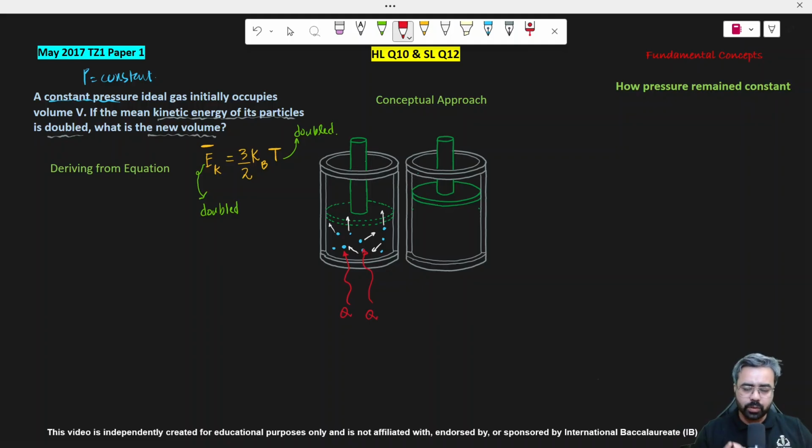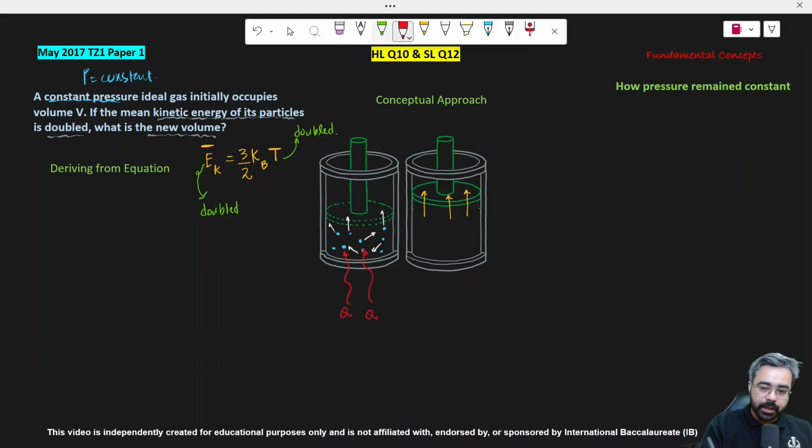So when the speed has increased, these particles have exerted more force on the piston of this container, and it is most probable that the gas should expand. Obviously the gas will not compress, because now the gas possesses higher internal energy. I will come towards the conceptual approach later also.